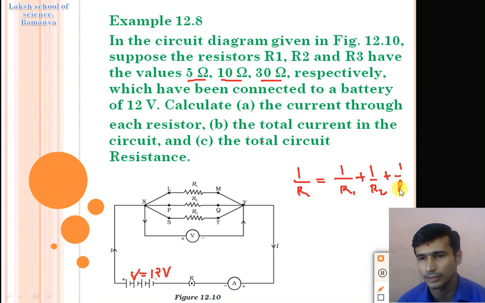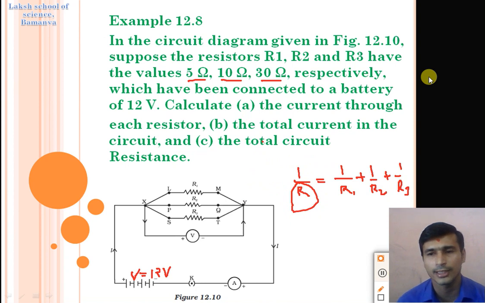So by this formula we calculate the total resistance R of a parallel combination. We already discussed this same example in the previous lecture on the parallel combination of resistors, so you have to calculate this example by yourself.